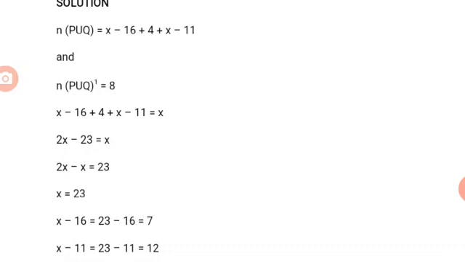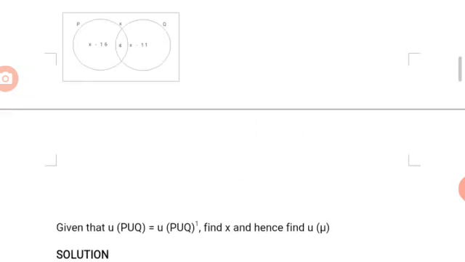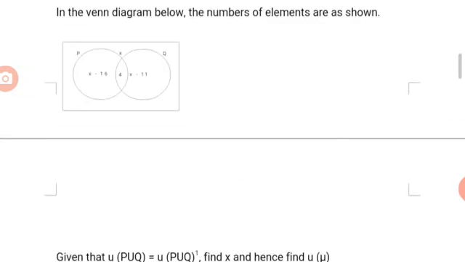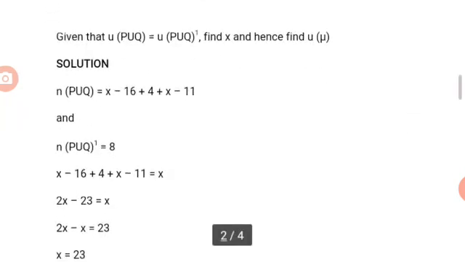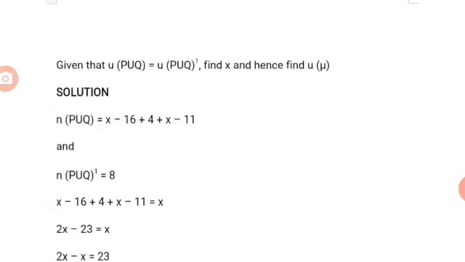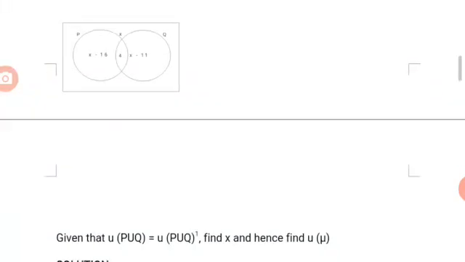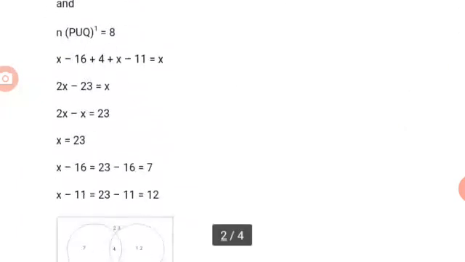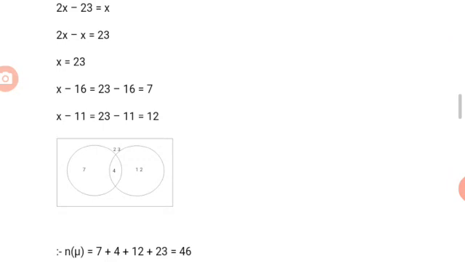So when we go back, our x is equal to 23. From x minus 16, you substitute 23 minus 16, you have 7. Also from x minus 11, you have 23 minus 11, making 12.